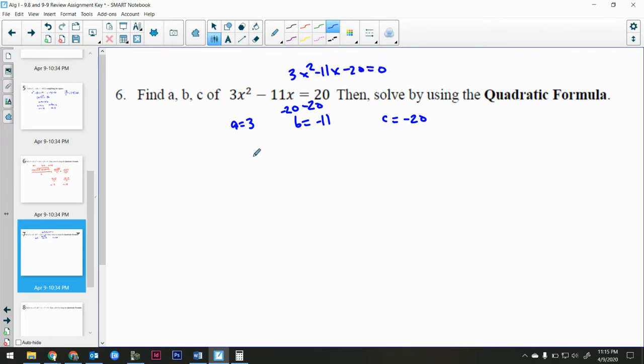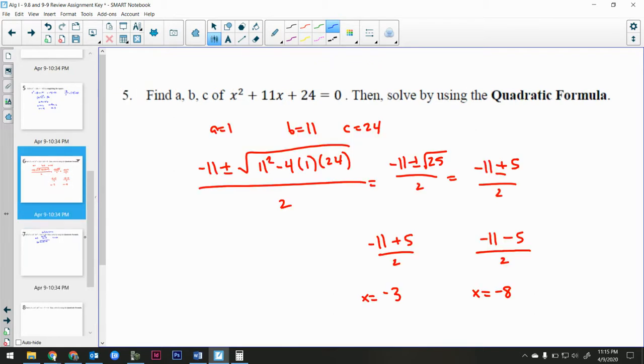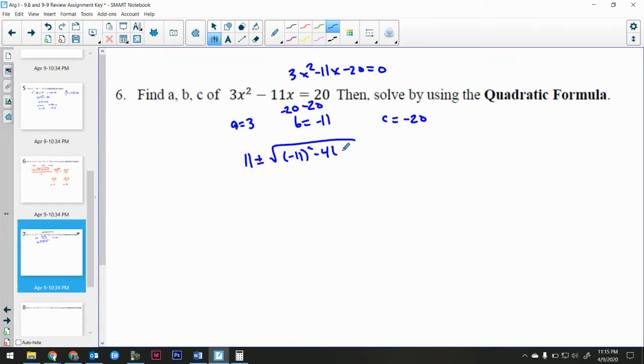Okay, so the opposite of B, plus or minus the square root of negative 11 squared minus 4 times A times C, all divided by 2 times A, which is 6.